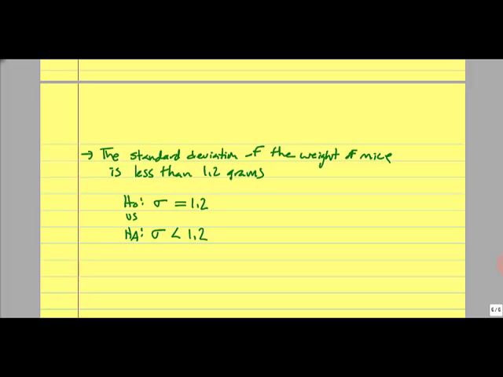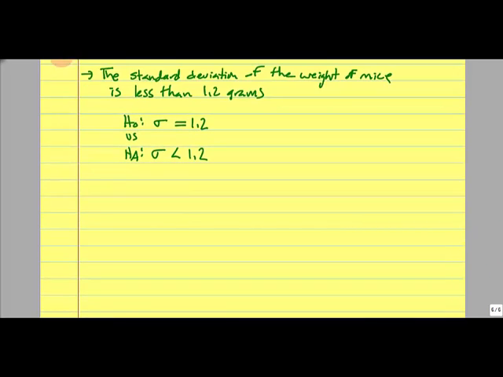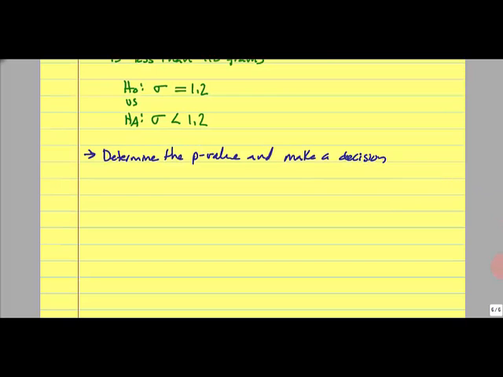For this next example, we're actually going to be finding a p-value, and then based on the p-value, we'll make a decision. So for here, let's go ahead and determine the p-value and make a decision. So when I talk about making a decision here, I need to talk about whether I reject or fail to reject H0.